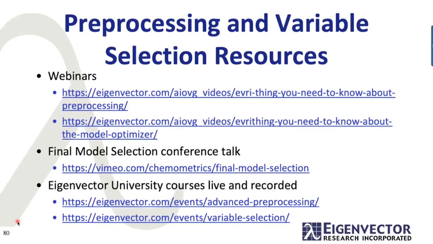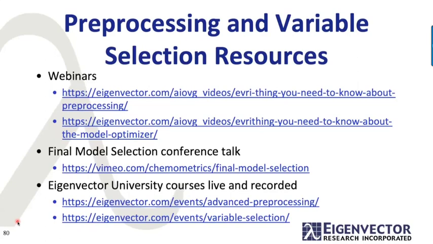So, some pre-processing and variable selection resources. Here are some webinars: everything you need to know about pre-processing, and everything you need to know about the model optimizer. I did a talk recently that I recorded on final model selection, on how you select models out of this whole smorgasbord of ones that you might wind up with.